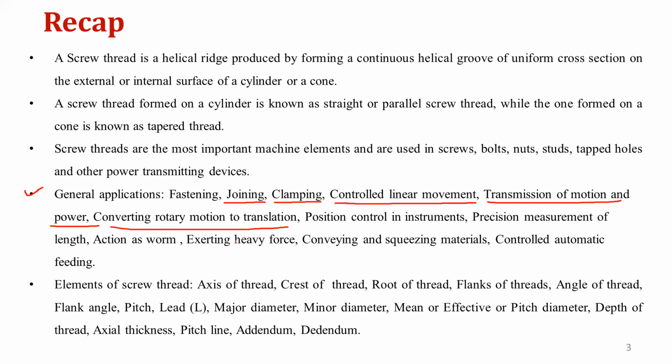The rotation of the screw causes the linear travel of the nut, which has wide use in machine tool kinematic systems. And for position control in instruments, we use screw threads. In this, the work table is moved in microscopes for precision movement, to position the workpiece under the microscope.